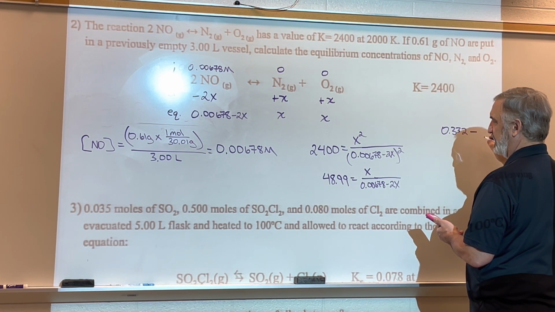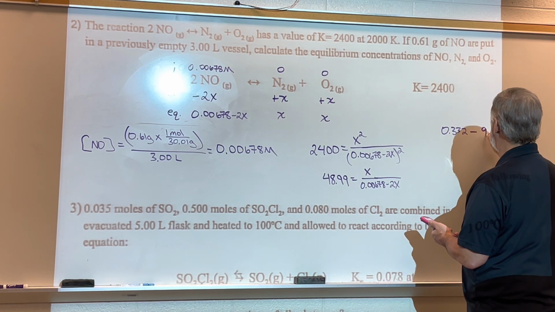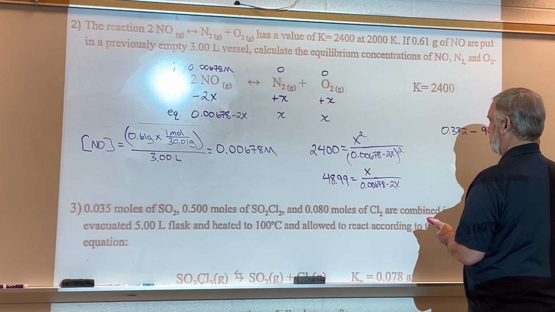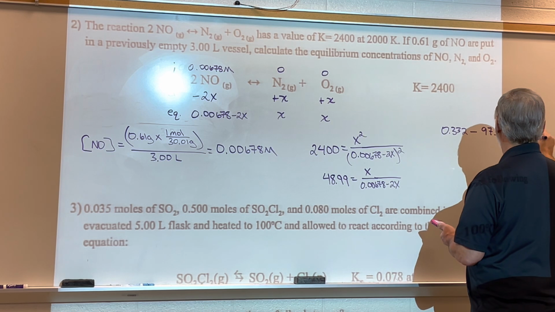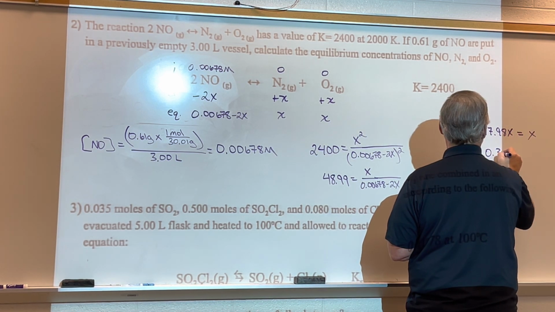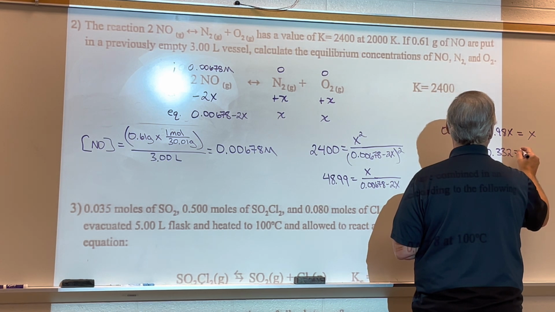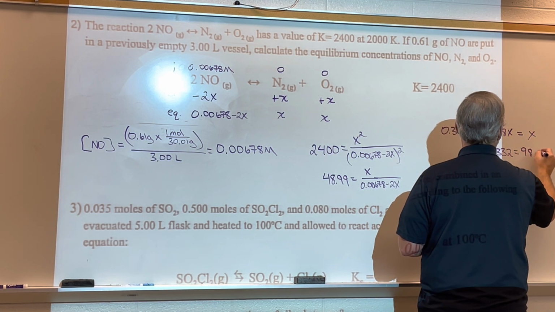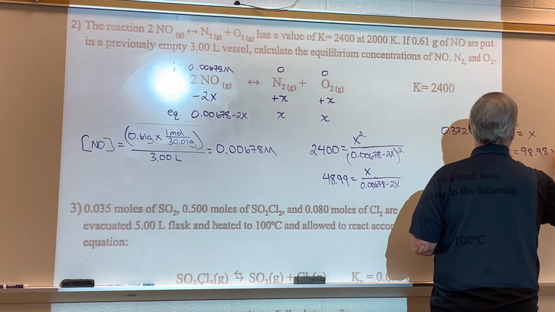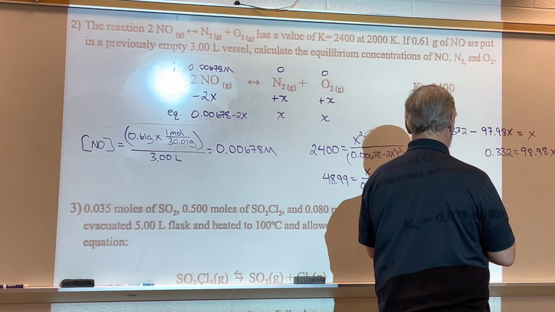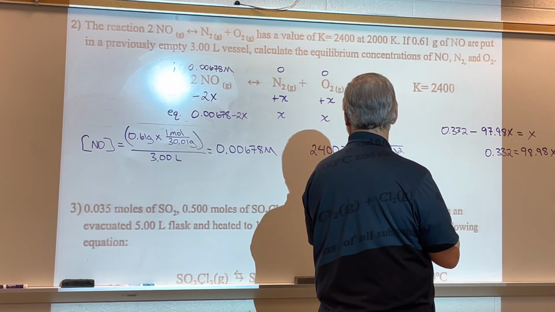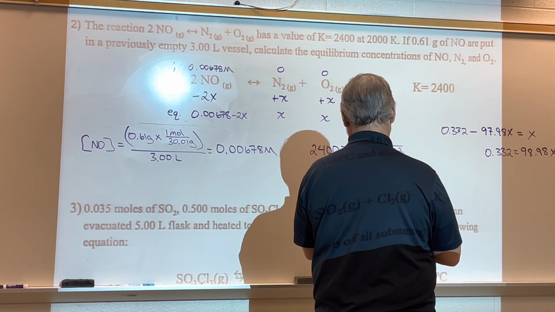How did I get this? Well, Sydney, you did 99 by 433, which you should have done. Why are you using 99? 48 times 2 is 96, and then plus 1 is 97.